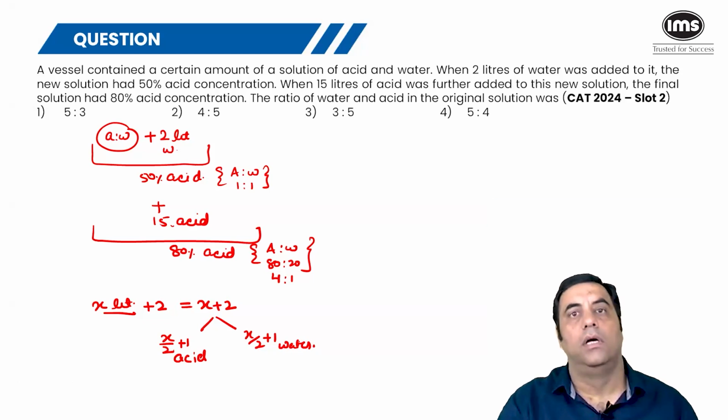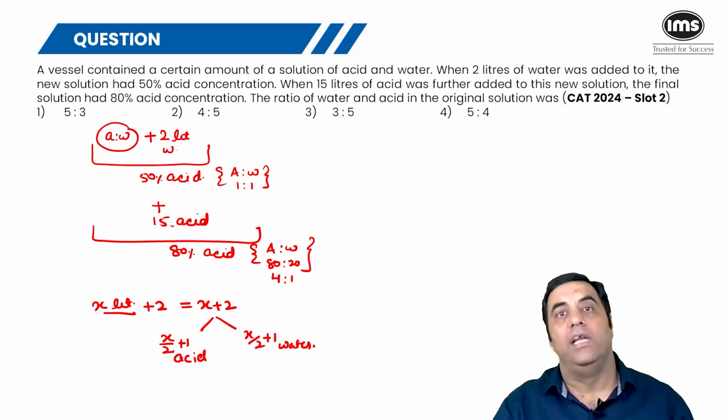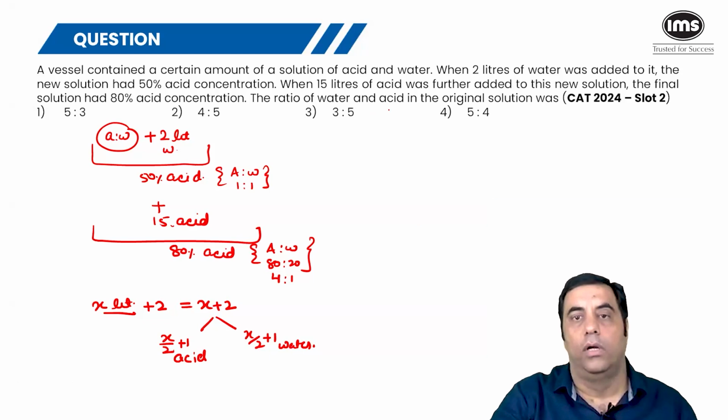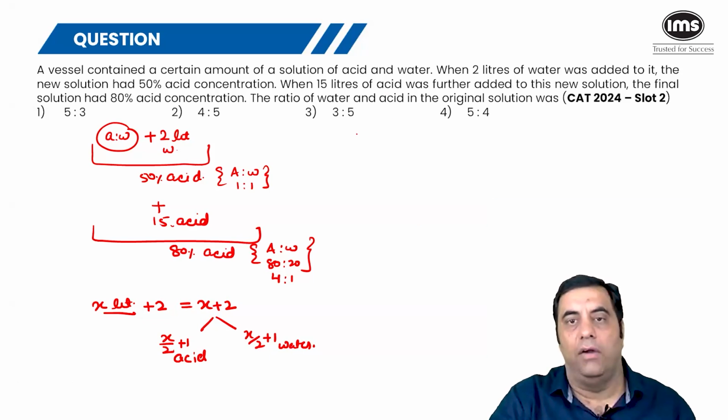Now further 15 liters is added. So the amount of acid would increase by 15 liters while the amount of water will remain the same. So now the new acid will become X by 2 plus 1 plus 15, and water will be X by 2 plus 1 only.